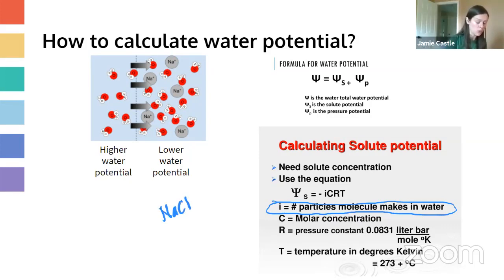So there's going to be 2 particles for each individual particle of sodium chloride that is dissolved in the solution. But if you have a covalent compound like glucose, covalent compounds do not break into pieces in water. So that's a 1-to-1 ratio for something like glucose in water. So that's an important thing to remember relative to these calculations.